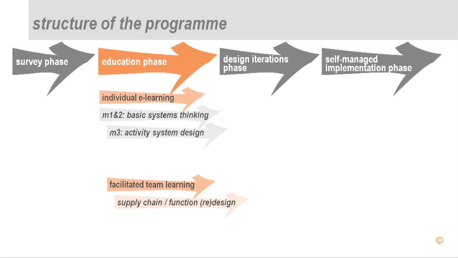This team learning phase is followed by another individual e-learning phase concerned with change management. This is Module 4 of the program. The participants learn the principles of change management and apply them to the creation of the change management design and implementation plan for the section of the supply chain or function that they represent.